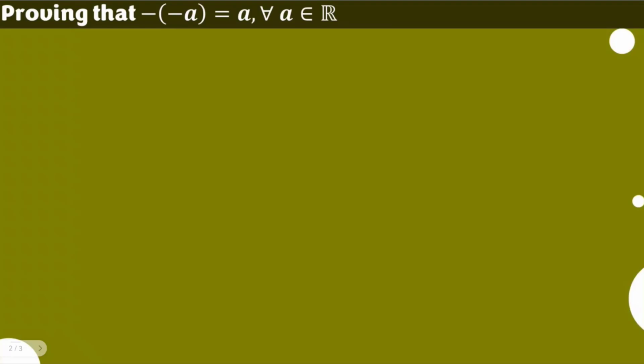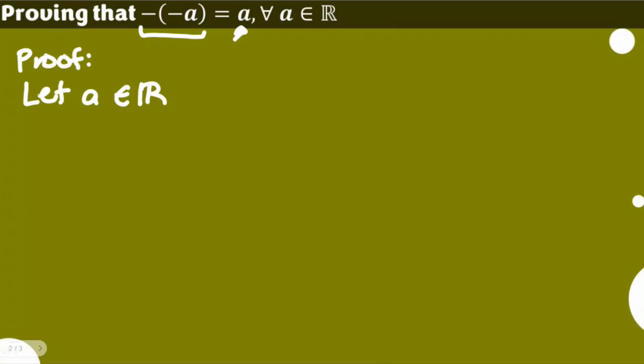But of course, we are going to show here the proof using the algebraic properties of real numbers. And we need to arrive from this left side to our right hand side with the use of the necessary property. So here is the proof. Let us start with assuming that a is an element of real numbers.